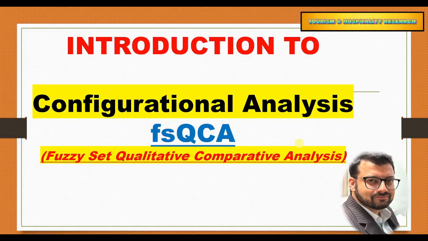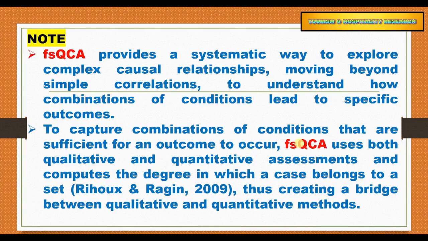So, fsQCA helps us to know the necessary and sufficient conditions which lead to a specific outcome. It works on the principle of Boolean algebra, that is 0 and 1. fsQCA provides a systematic way to explore complex causal relationships, moving beyond simple correlations to understand how combinations of conditions lead to specific outcomes.